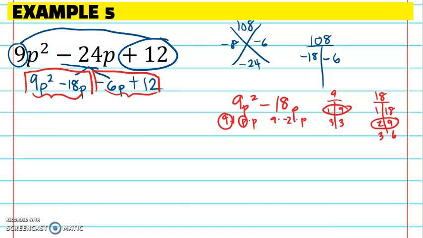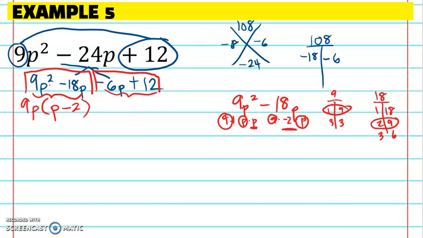So they have the 9 and the p in common. I'm going to pull 9 times p out. And then what's left to get it back so that we still have 9p squared minus 18p? Well, 9p times p gets me 9p squared, and 9p times negative 2 gives me negative 18p. Those are equivalent. Remember, we're just getting it so that I can find the factors. What do I multiply, right?